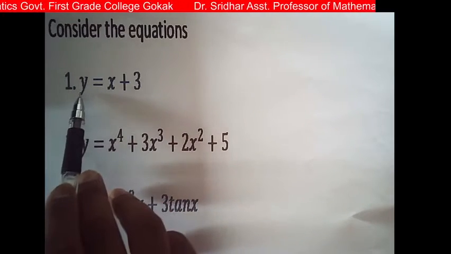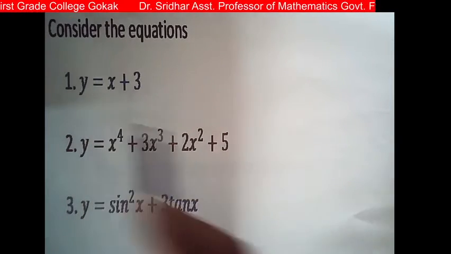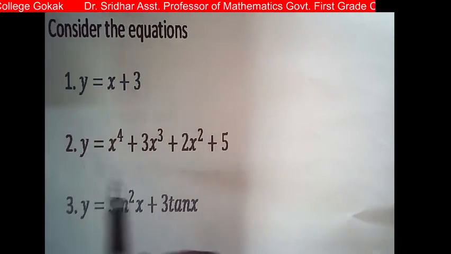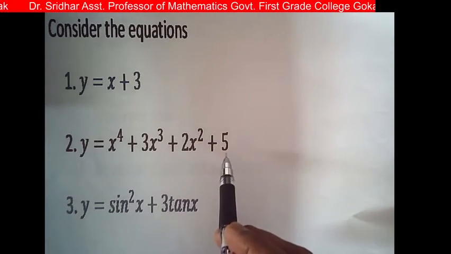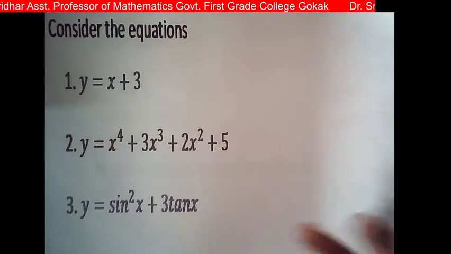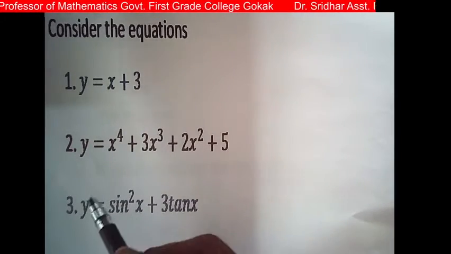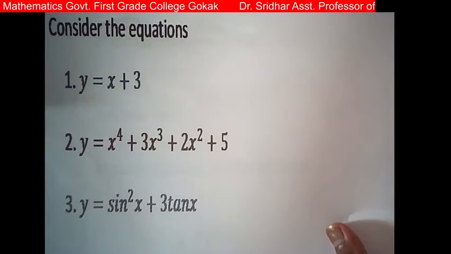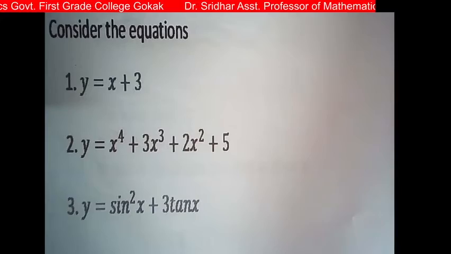Therefore y is a dependent variable and x is an independent variable. Similarly here also, y is equal to x raised to 4 plus 3x cube plus 2x square plus 5. So here x is the independent variable, y is the dependent variable. The same case in the third example, because y depends on the value of x.